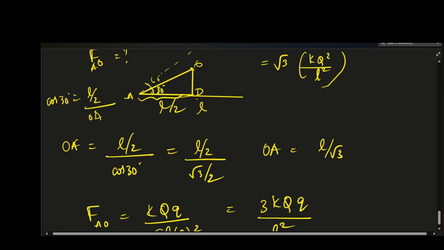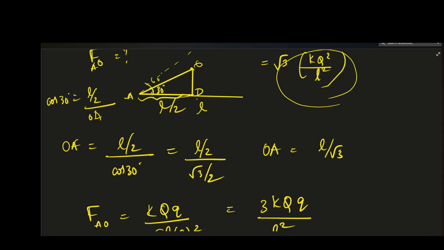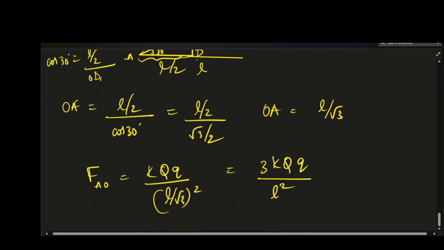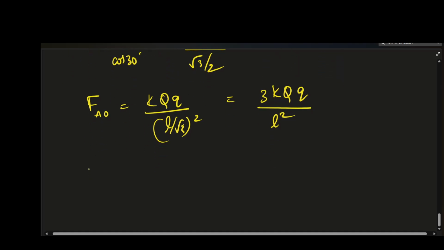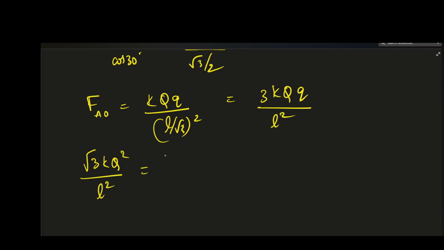So my resultant is root 3 KQ square by L square. So this is going to be equal to this. Or the net force, the sum of these is equal to 0.